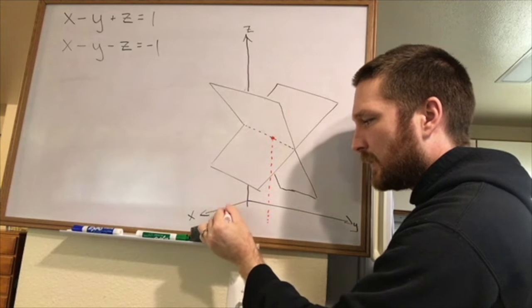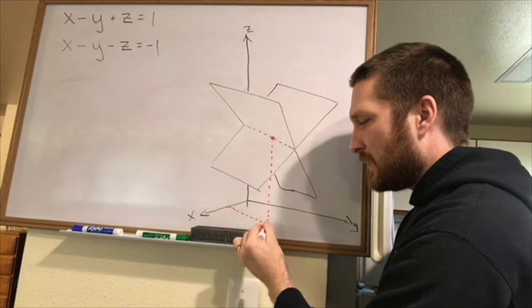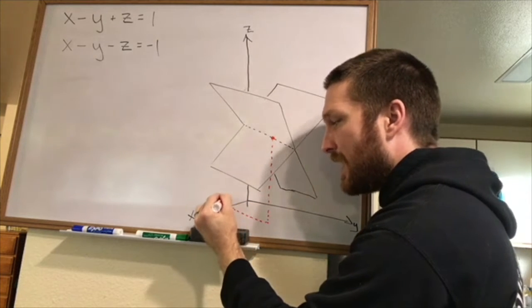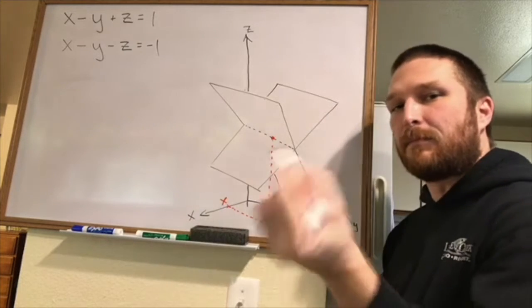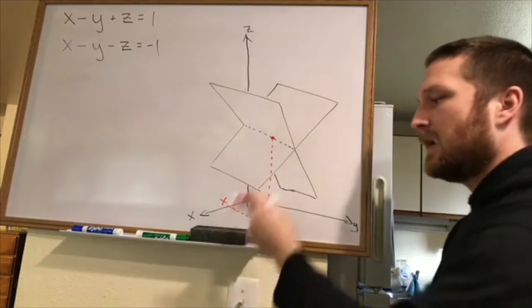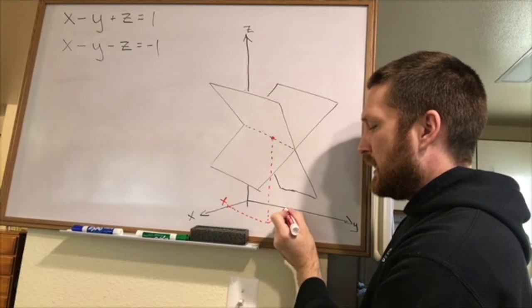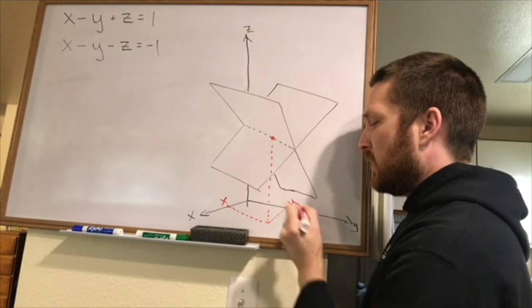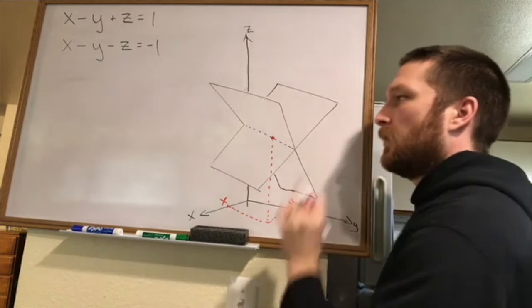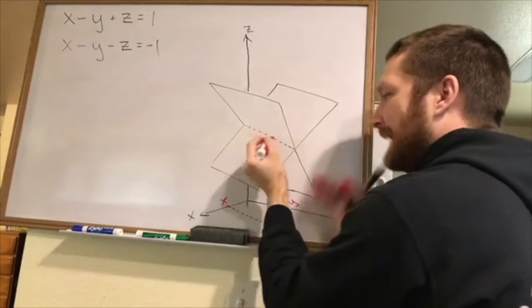Like if we looked, there would be some x value here, and I'm going to mark that with a red x, kind of like I did before with the two-dimensional case. And then we're going to say, okay, it also has a y value, and I'm going to mark that with a red y. Finally, it has some z value.